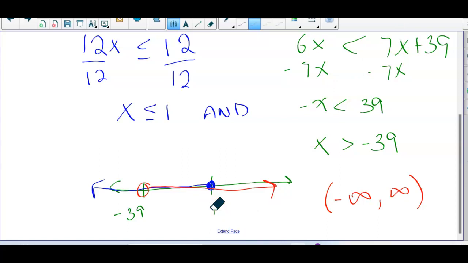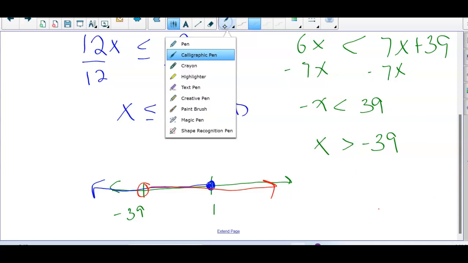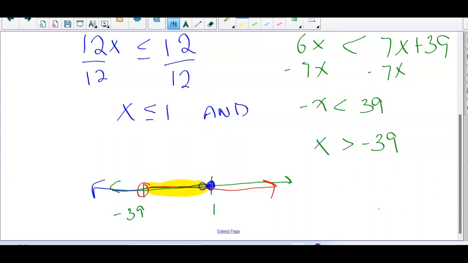It's only where the overlap is. I'm not going to cancel it. I'm going to own up to my mistake. What numbers are where they overlap? Right? It's all the stuff in here. So it's only the numbers that are less than or equal to 1, but also greater than negative 39.